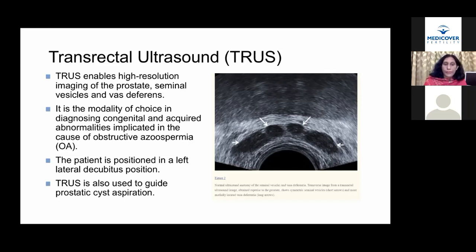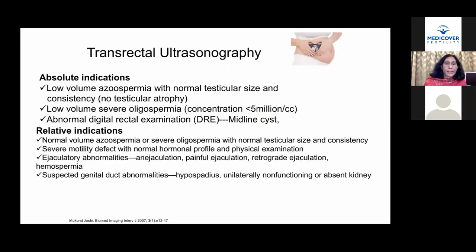So the patient is put in a left lateral and sonography is done. It is indicated if there is a low volume azoospermia with normal testicular size and consistency, low volume severe oligospermia, or when there is an abnormal digital rectal examination.